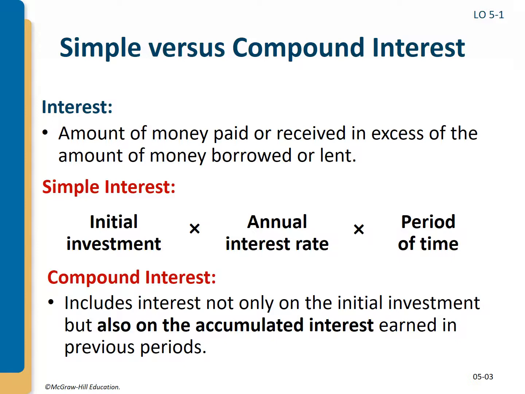And then future interest in the next interest period will use that total initial investment plus any interest already earned to calculate the next future interest payment. So you're accumulating interest onto your initial investment. So your calculation gets a little bit more complex than the simple interest.